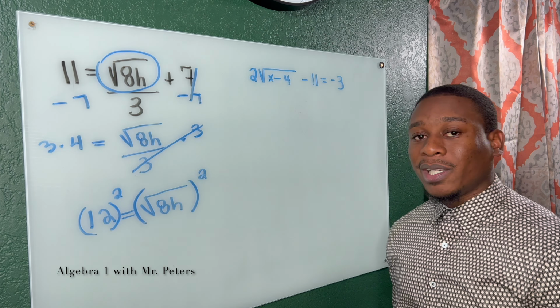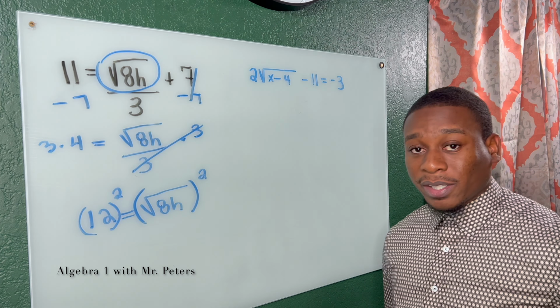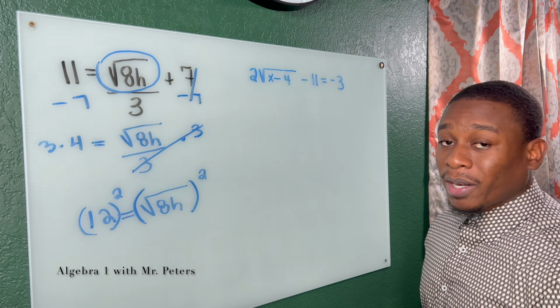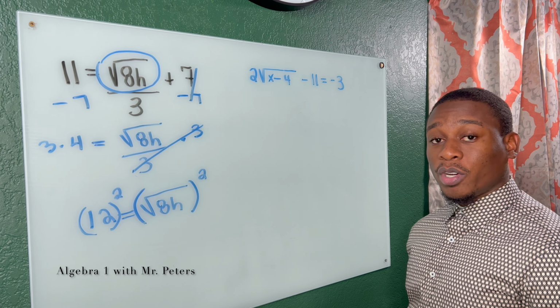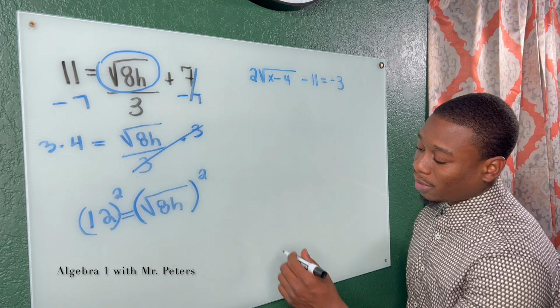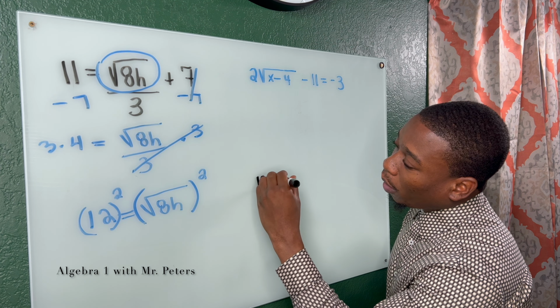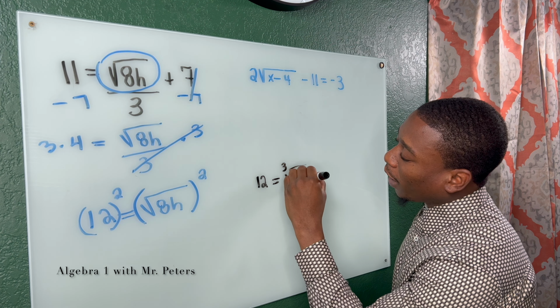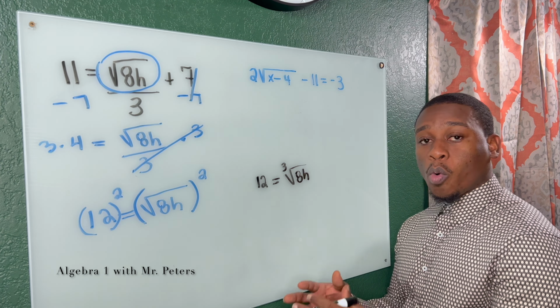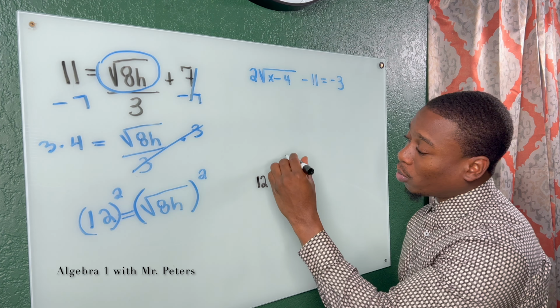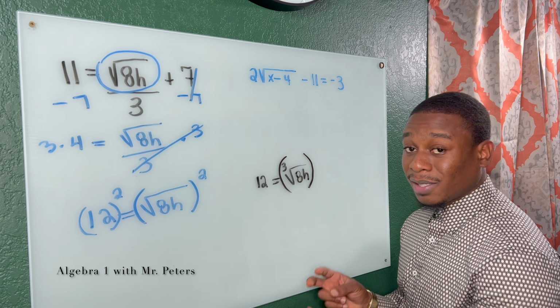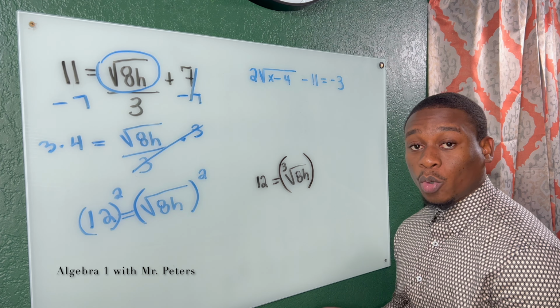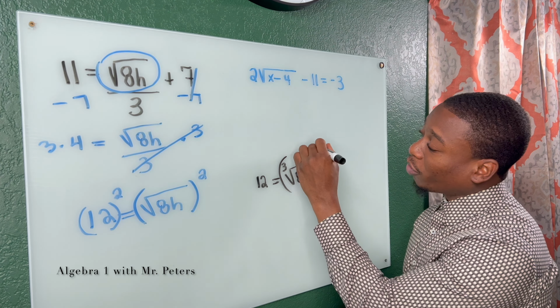Now, before I continue this problem, I really want to explain this step because everybody thinks that it's always going to be an exponent of 2, and that is not the case. Let's say this was 12 is equal to the cube root of 8h. Now, when we go to get rid of this radical, instead of taking it to the second power, we would take it to its root, which would be 3.